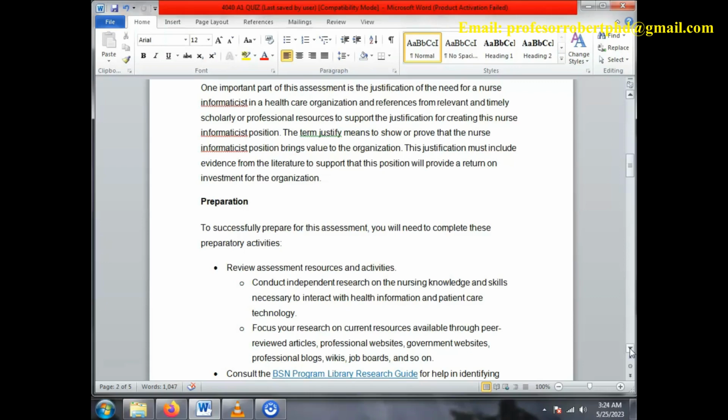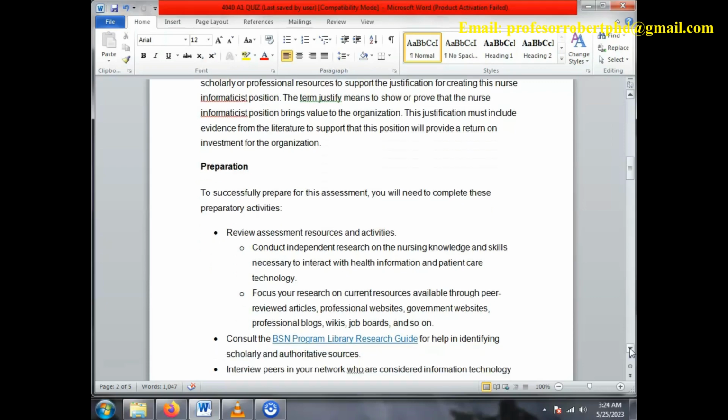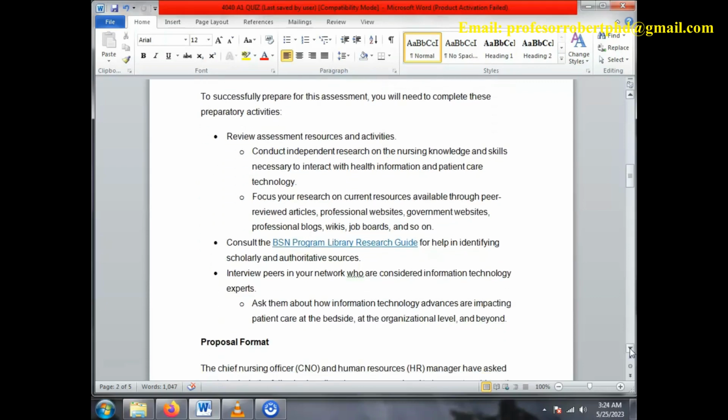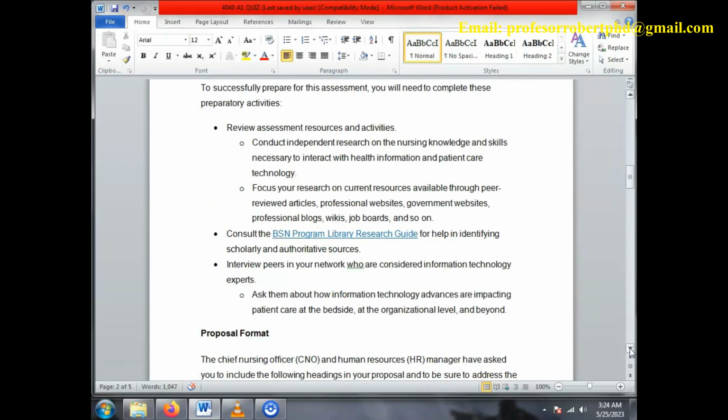Preparation. To successfully prepare for this assessment, you will need to complete these preparatory activities. Review assessment resources and activities. Conduct independent research on the nursing knowledge and skills necessary to interact with health information and patient care technology. Focus your research on current resources available through peer-reviewed articles, professional websites, government websites, professional blogs, wikis, job boards, and so on.